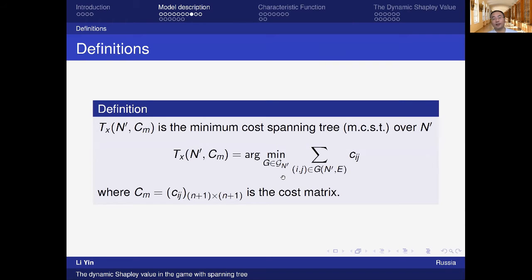It is a minimum cost of edges when this spanning tree is a connected graph with no circle, and the cost is minimum among all of them.